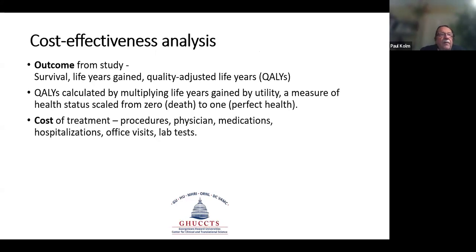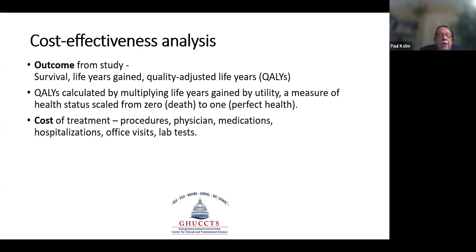And so in cost-effectiveness analysis, we need an outcome, which is survival, and we use life years gained, or more often what we call quality-adjusted life years. And so QALYs are calculated by multiplying the life years by a utility, a measure of health status.